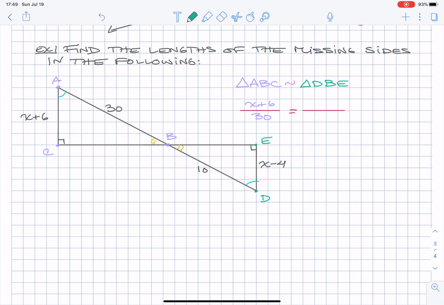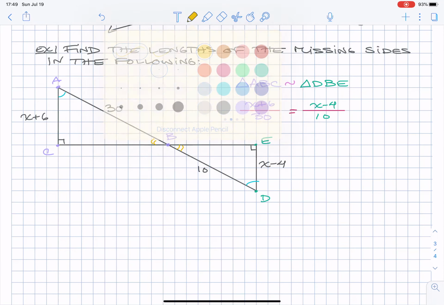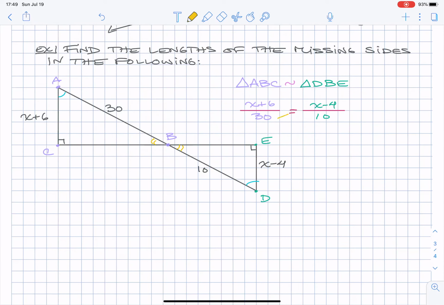Now let's look at the right-hand side. x minus 4 is to 10. And that's because these are similar triangles. So I'm going to go ahead and cross multiply the 30 up here and the 10 over here.